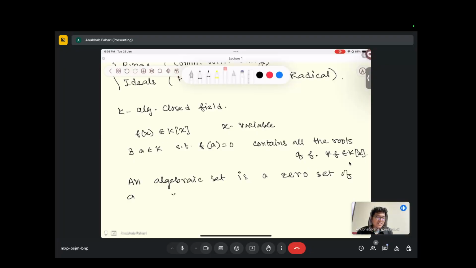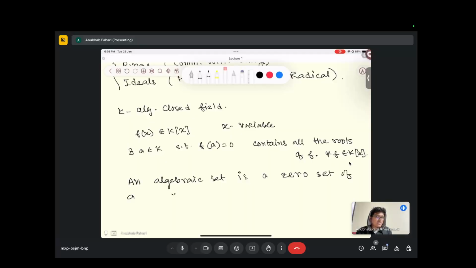I have to maintain the syllabus, because for this week's syllabus I only have one class. If I don't talk about these things in this class, I will not be able to talk about them in future. So I hope you understand.